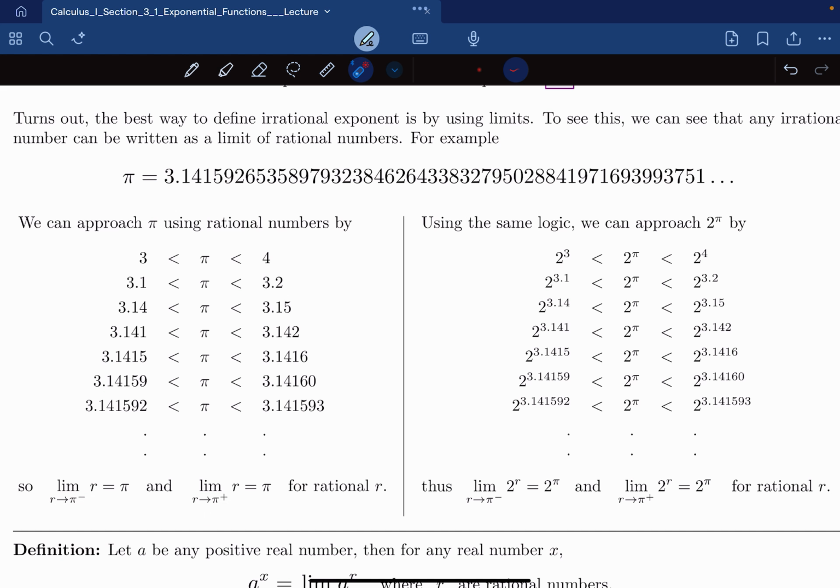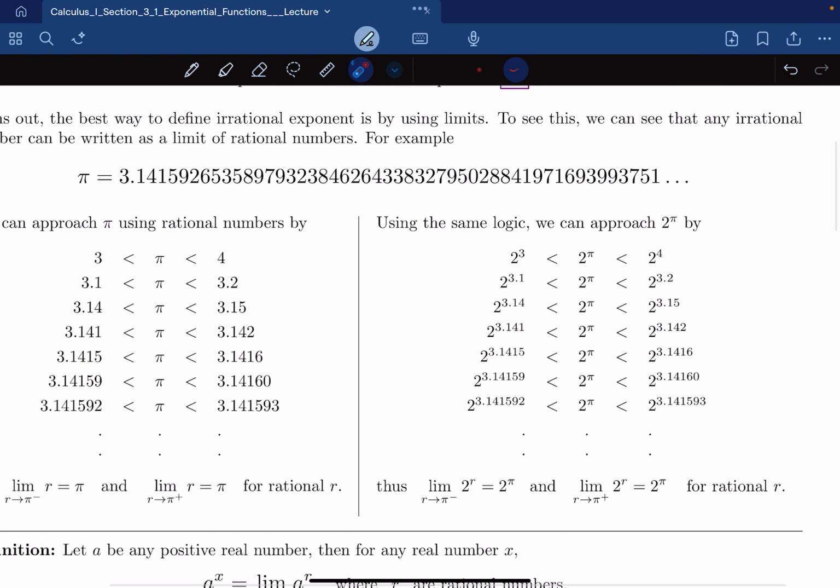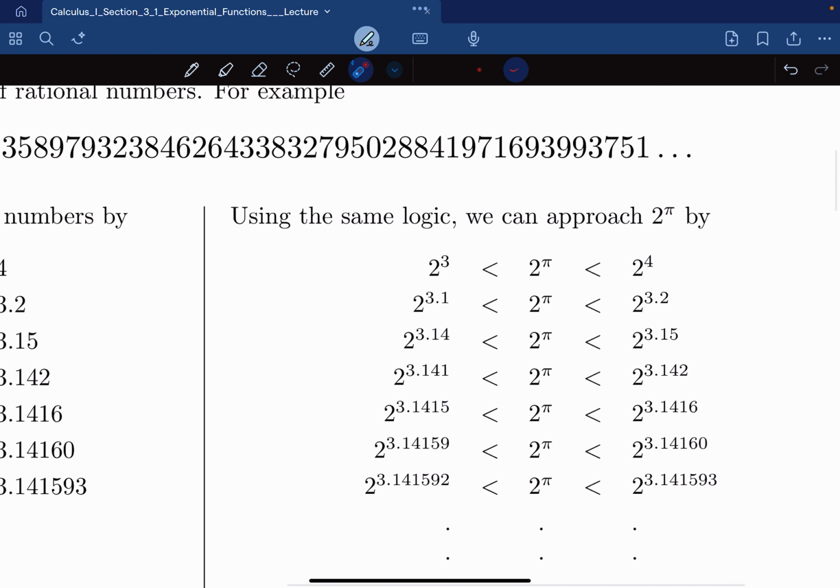Well, the good news about limits is that limits behave very nicely over continuous functions. What we can do is play the same exact game. I don't know what 2 to the pi is, but I know for sure it's greater than 2 to the third and less than 2 to the fourth.